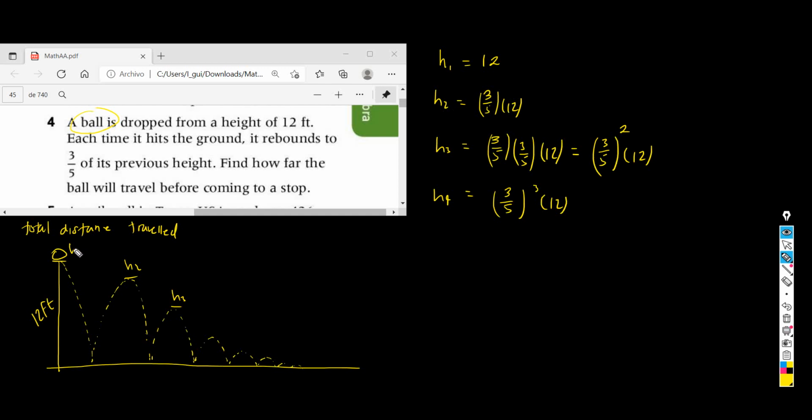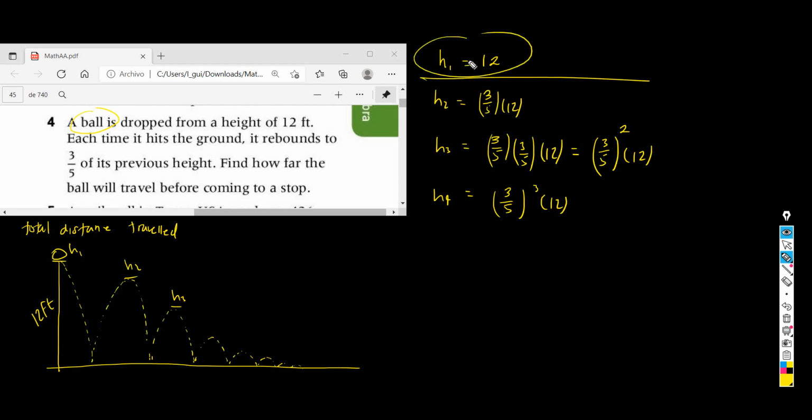So basically, forget for a moment about h1, about this part of the distance. Just suppose that the ball goes from here to here, and then downwards, up, downwards again, upwards, downwards, and so on, as though h2 is the first term in this sequence.